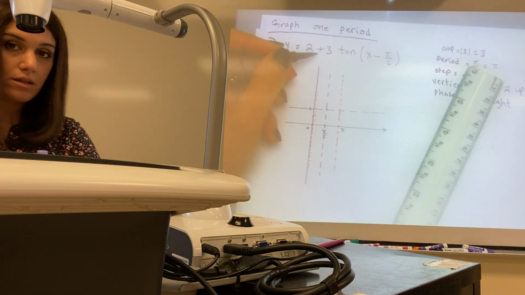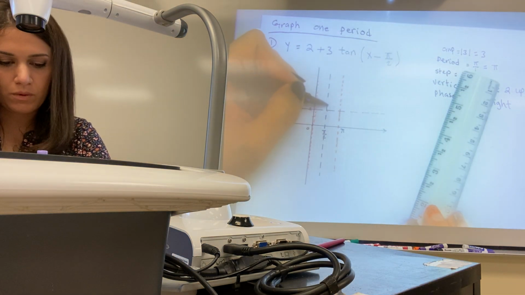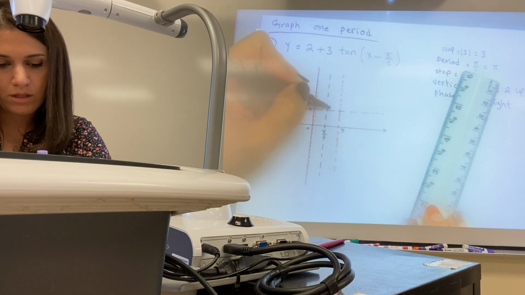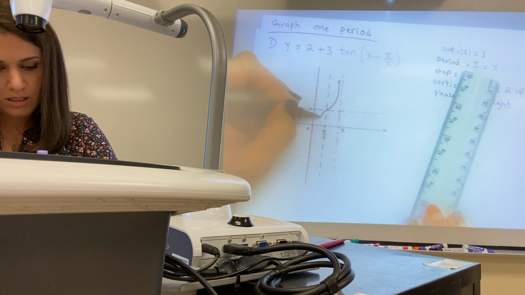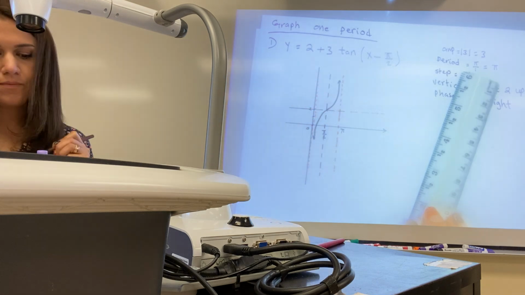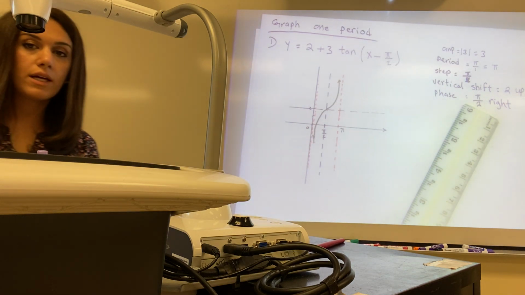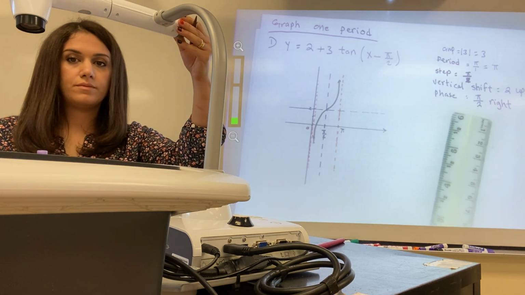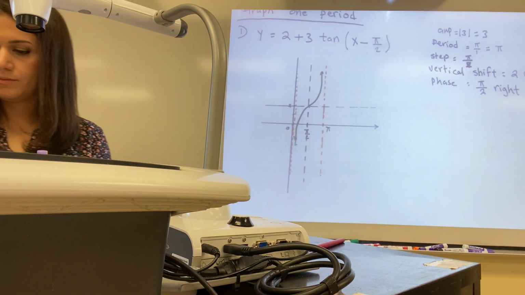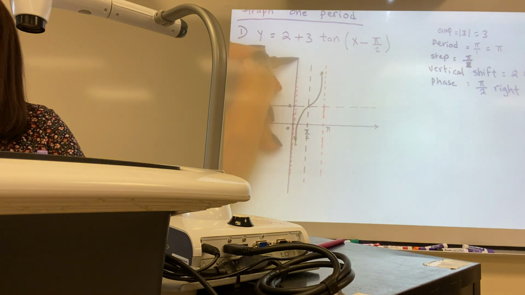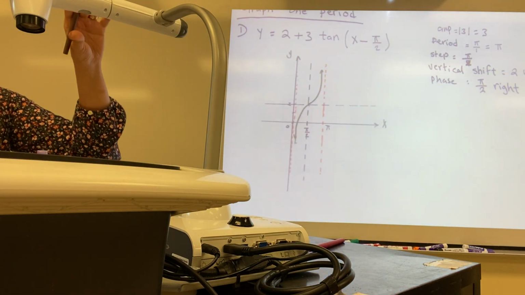A is positive, so it will look like this, and here is my graph. Next, let's look at another example.